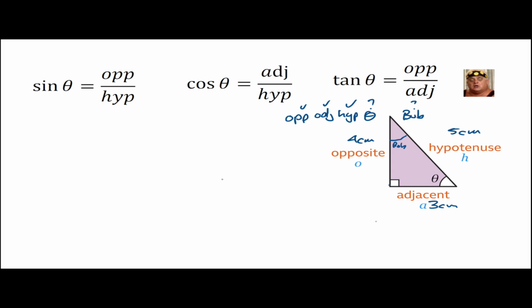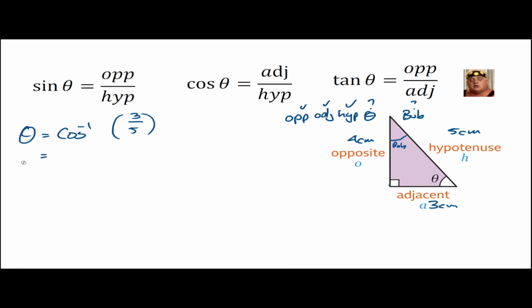Well, we could use any of them. Let's choose adjacent and hypotenuse. So theta is going to be cosine -1 of adjacent over hypotenuse, 3/5.